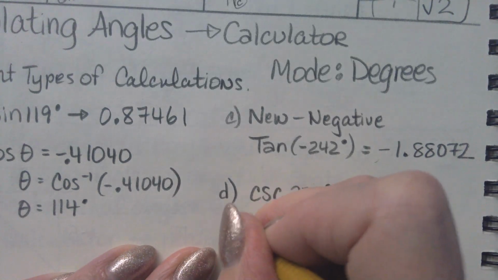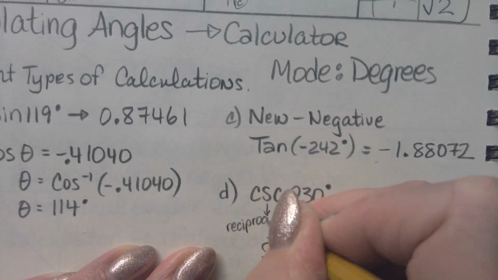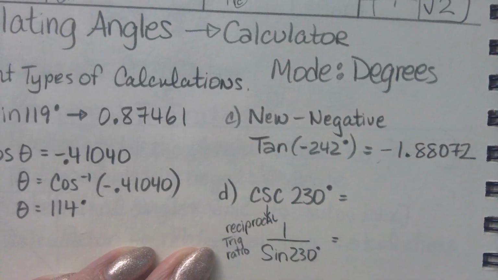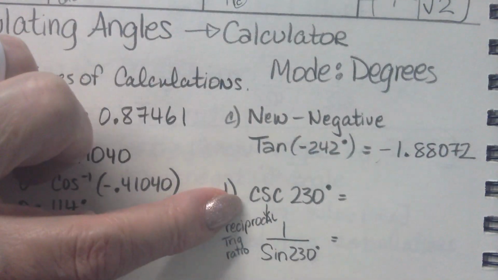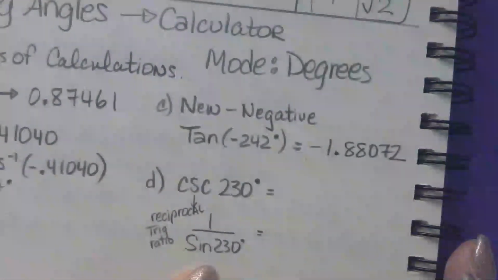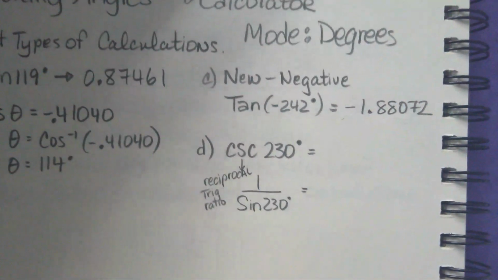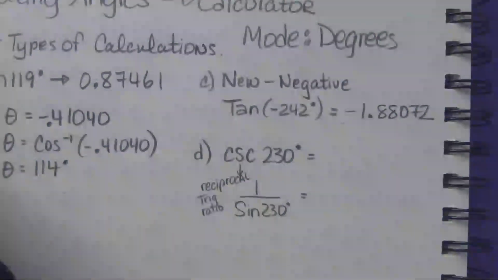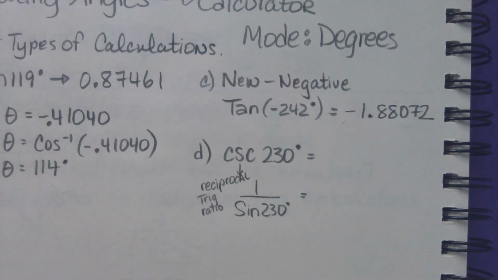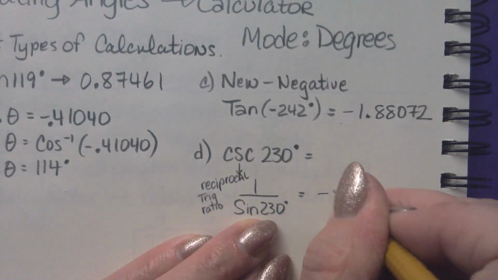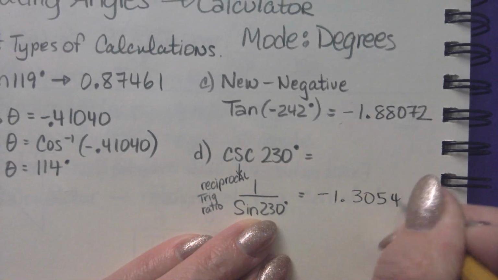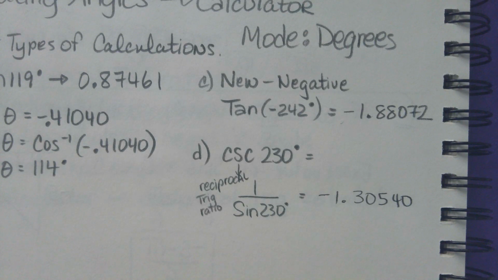It's the reciprocal trig ratio. So I'm going to rewrite it in its equivalent form, 1 divided by sine 230. And I'll get a negative 1.30540.